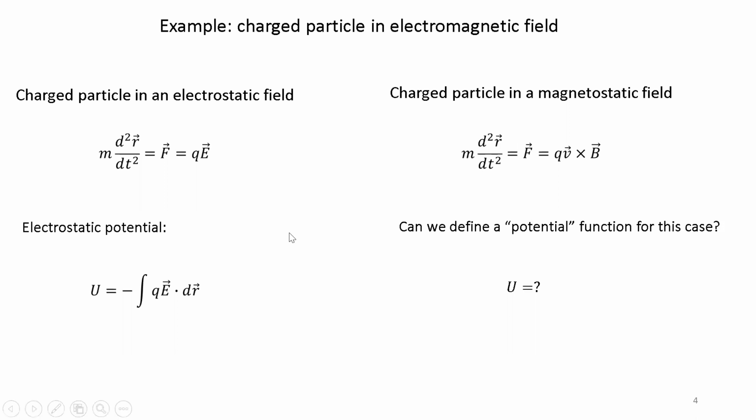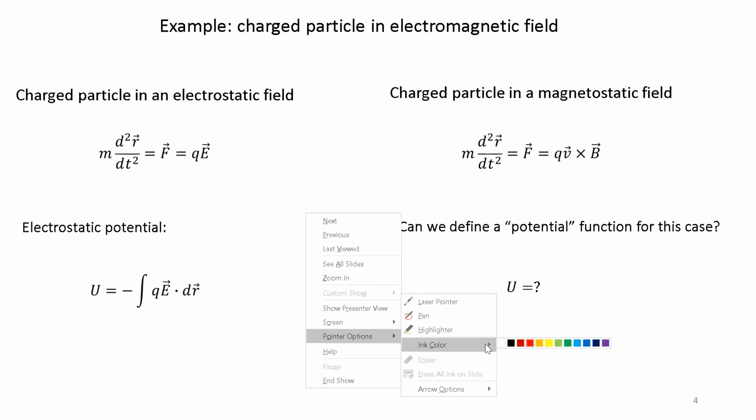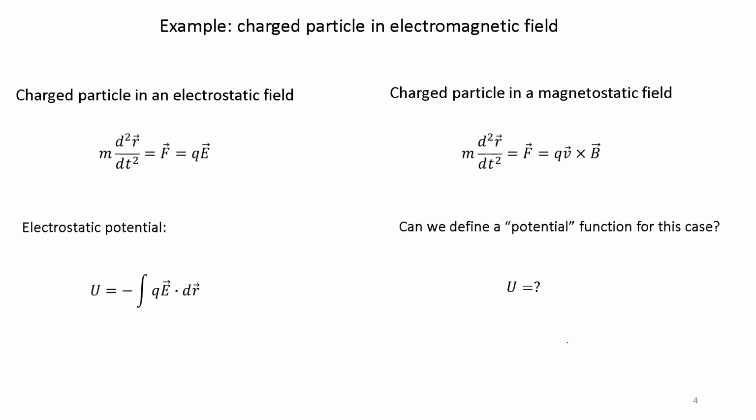In your 2041, you have learned the following. If you take the magnetic field, just focus on the time independent magnetic field, because that's what you have learned before. If you do this surface integral over a closed surface, the flux of the magnetic field always has to be zero.